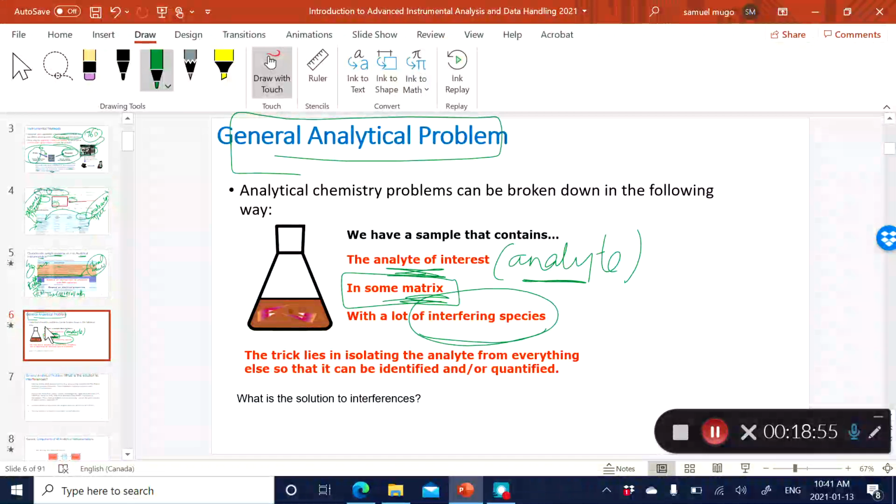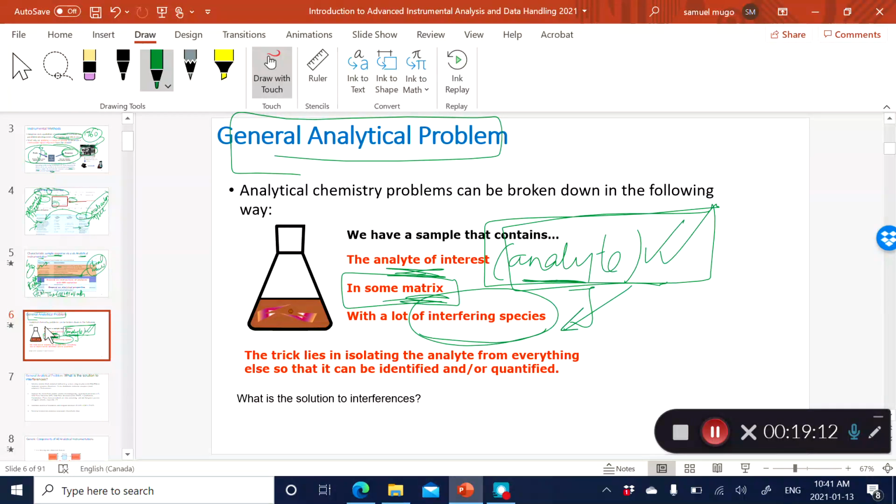All those other species can be referred to as matrices, and they are actually the problem in analytical chemistry. So that's often what you're trying to solve in analytical chemistry. How do I make an instrument that mainly responds to my analyte, so that the interfering species do not get in the way of detecting the chemical species of interest?